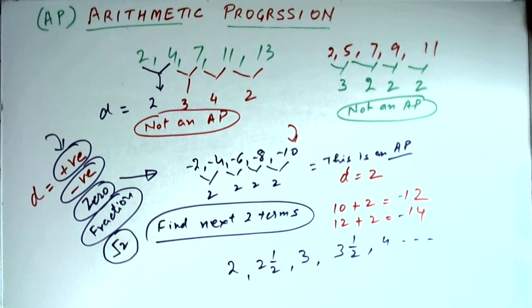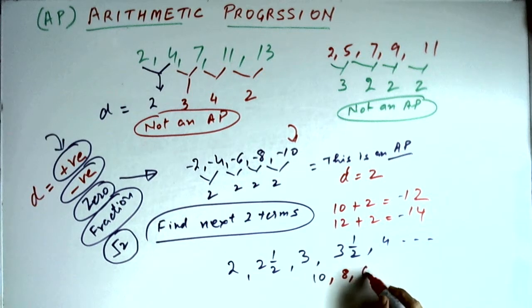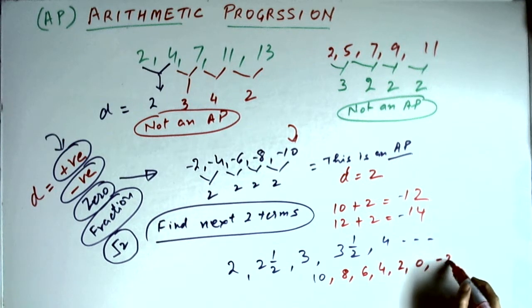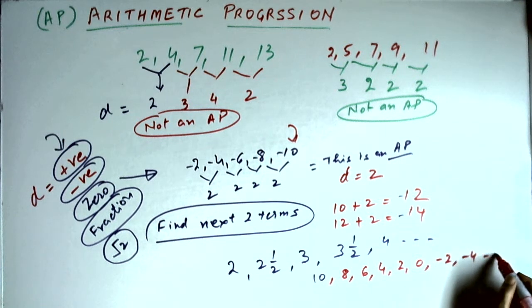And it can start from the positive side and go to the negative side. For example, suppose an arithmetic progression starts from 10 and goes into the minus side. It becomes 10, then 8, then 6, then 4, then 2, then 0, then -2, then -4 and so on.